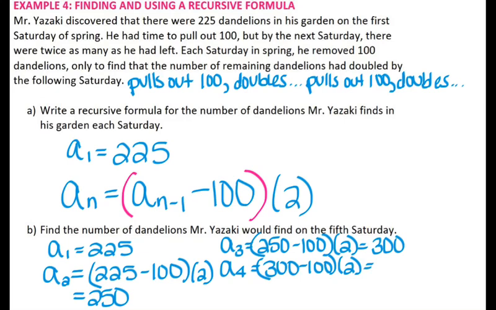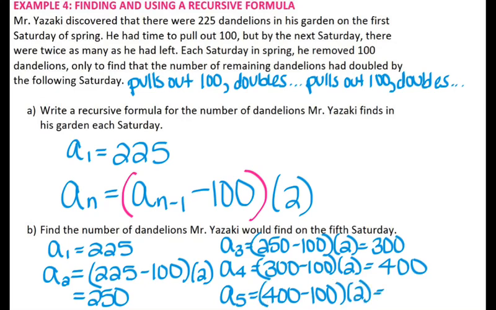So 300 minus 100 is 200, times 2 is 400. And then for the 5th Saturday, you're taking the amount that he had on the 4th Saturday, which is 400, minus 100, times 2, because he pulls out 100, and then it doubles. So 400 minus 100 is 300, times 2 is 600. So on the 5th Saturday, he has 600 dandelions.